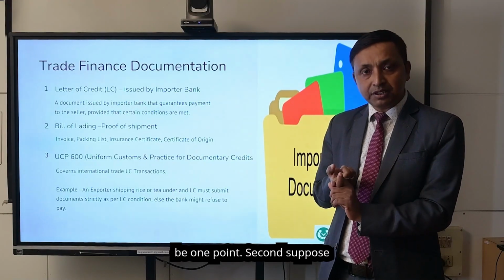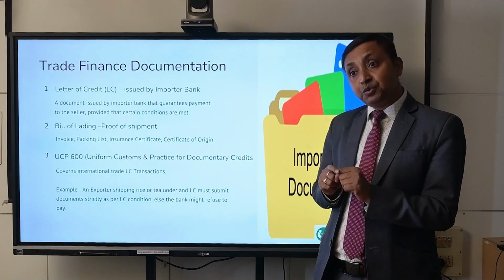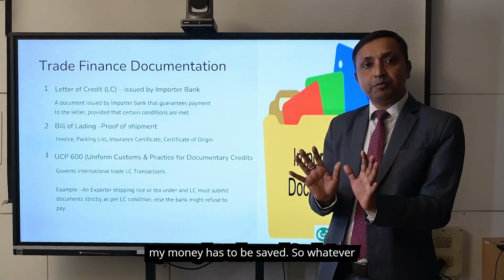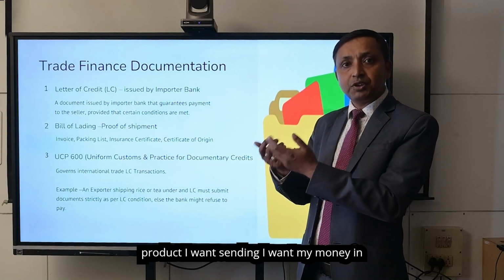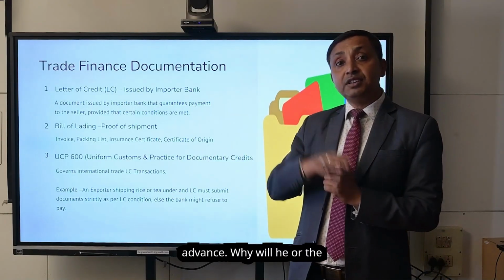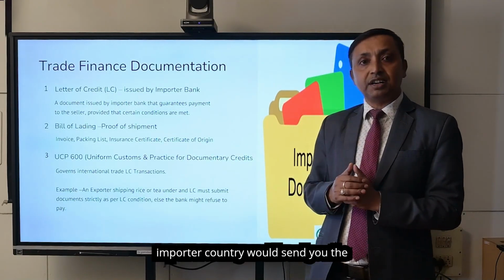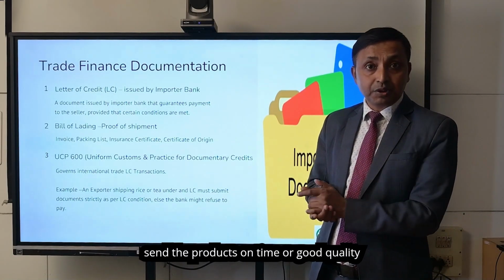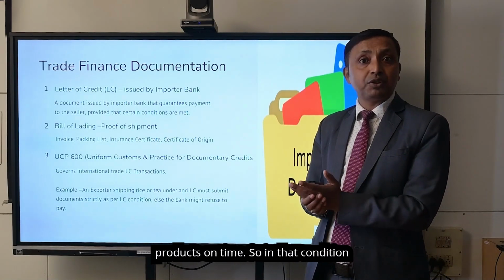It could be one point. Second, suppose you want your money to be safe. Whatever product I'm sending, I want my money in advance. Why will the importer country send you the money in advance? You might not send the products, or good quality products, on time.